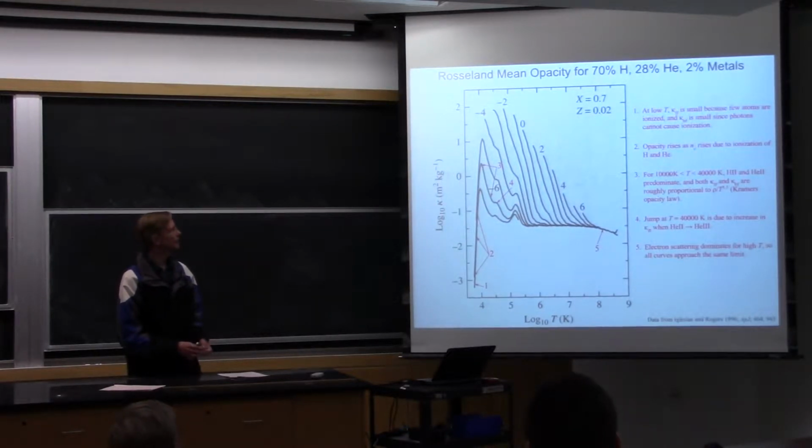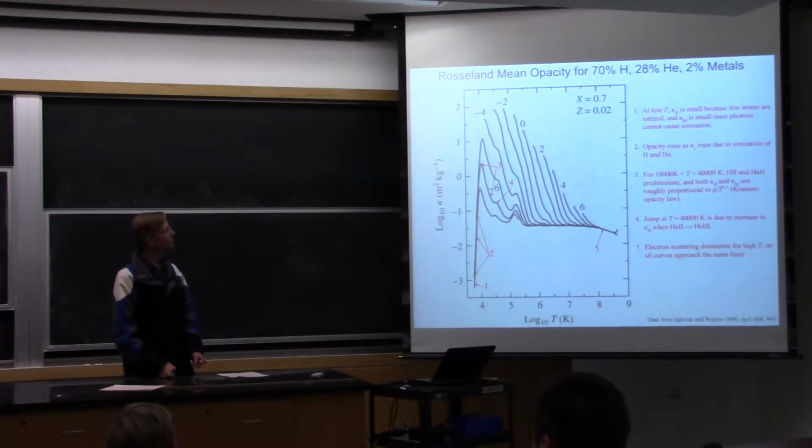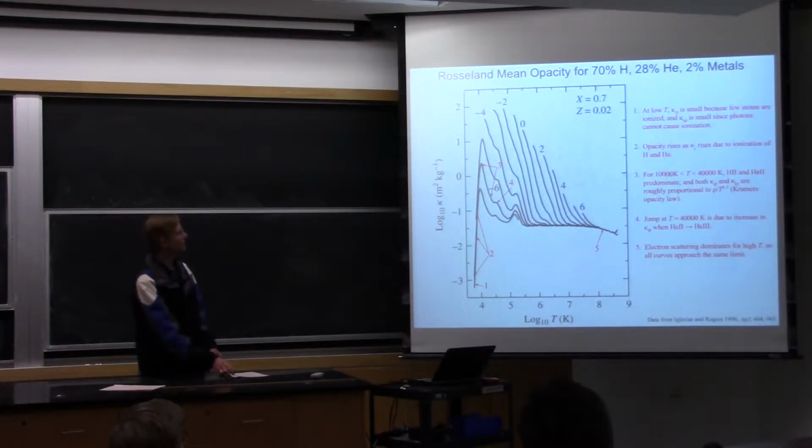What letter do we use to mean the hydrogen mass fraction? Capital X, right? Capital X, and helium Y, and everything else Z, metals, as astronomers say. So this is X equals 0.7, Y equals 0.28, Z equals 0.02 is this composition right here.